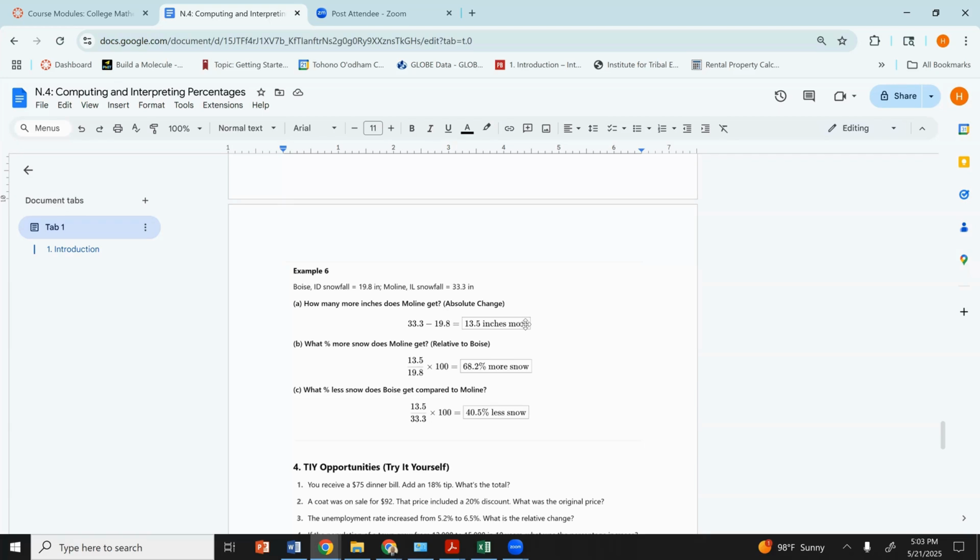So in Moline, Illinois, there is usually 13.5 inches more snow than Boise, Idaho. In this particular case, it is an absolute change, because we are comparing snowfall, 33.3 minus 19.8.